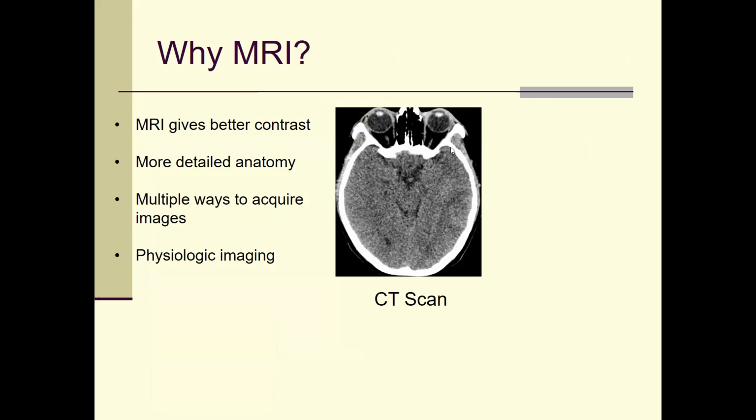Compared to the CT scan, which you can see here, this is X-ray based imaging. So you see structures like bone, which is much harder than brain tissue. The X-ray doesn't penetrate, so it stays in very bright density.